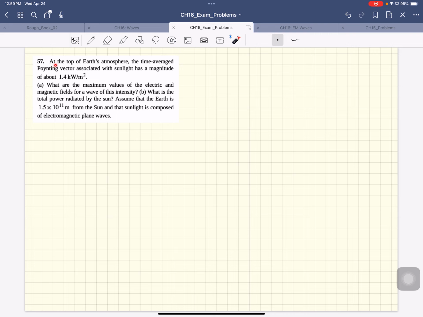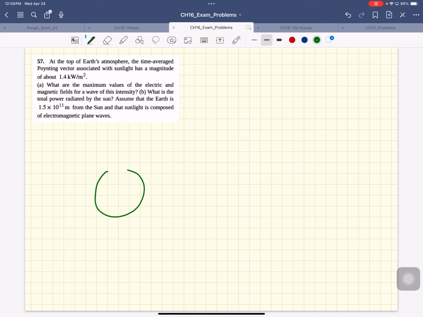So this problem says at the top of Earth's atmosphere, the time average Poynting vector is just the intensity of light associated with sunlight, which has a magnitude of about 1.4 kilowatts per meter squared. Okay, so what this means is the following.